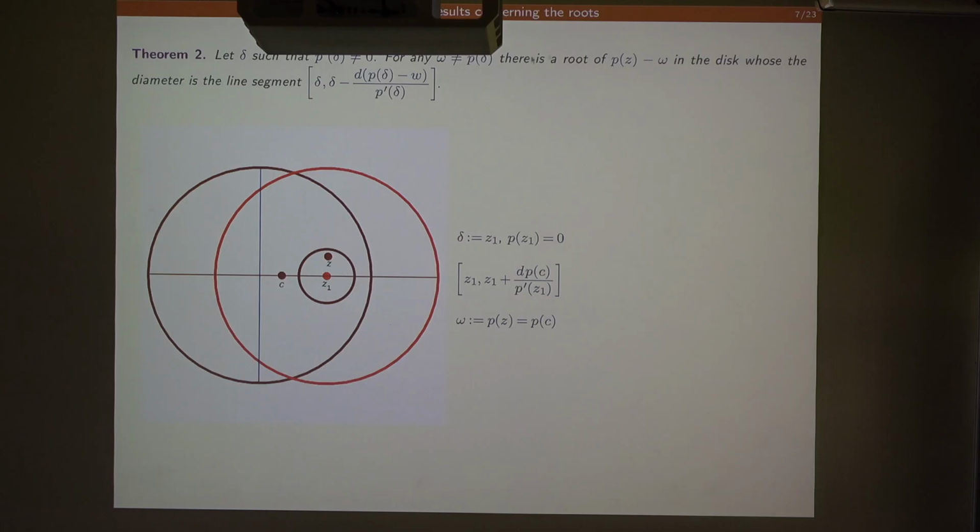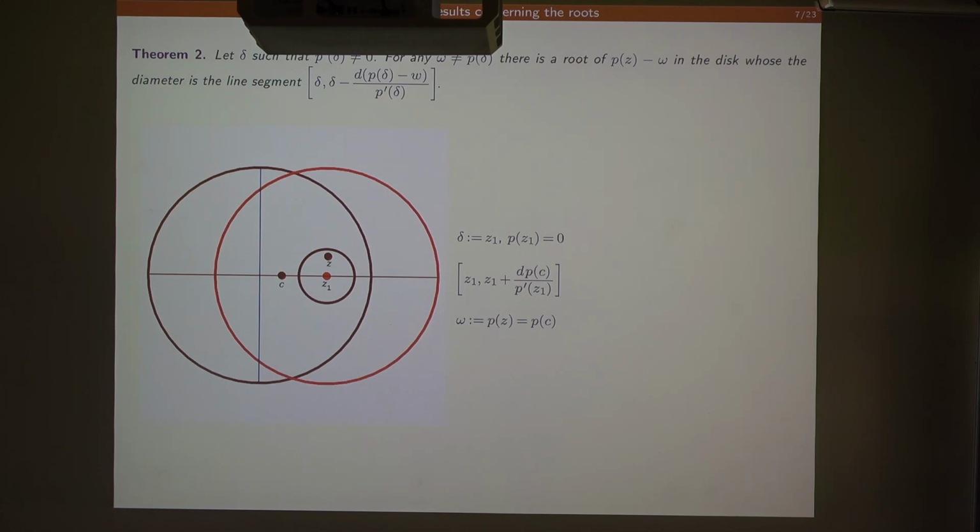And the result states like that. When you consider delta equals Z1, P of Z1 is the root of P, and the disk of diameter this segment has the root of P delta minus omega.